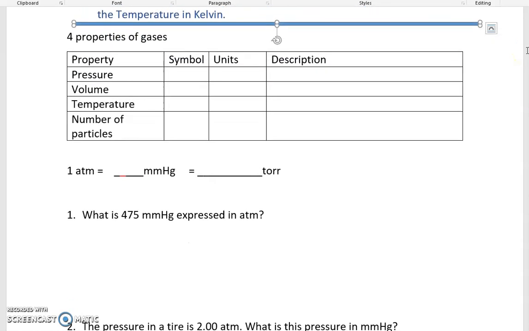So gases have 4 properties that we will be looking at. The first is pressure.